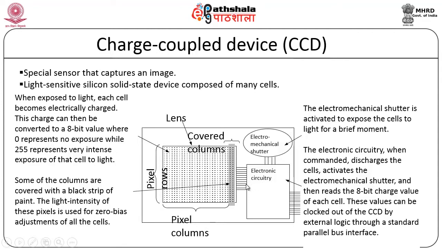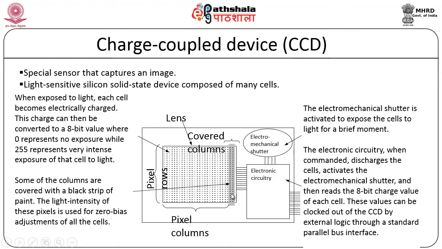Now all these things are given to the charge coupled device, the special sensor which captures the image. How the image is captured is very important. The CCD is a light sensitive silicon solid state device composed of many cells.